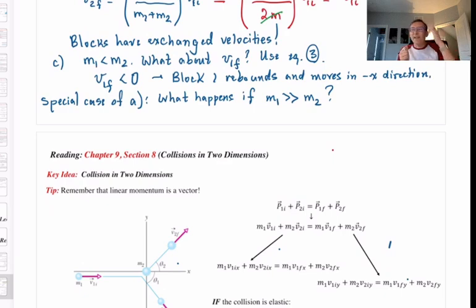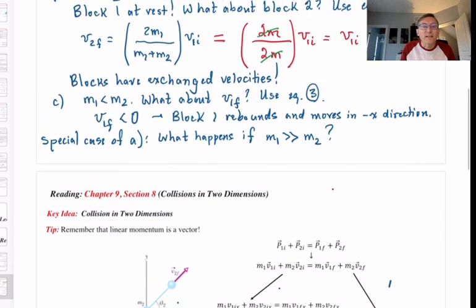So that's like hitting a little Vespa with a Mack truck. I want to know what the Vespa's going to do, okay? All right. I want to see what V2 final is. Remember, V2 initial is 0. Well, the formula for V2 final is right up here in front of us, right there. Go ahead and circle it in yellow.